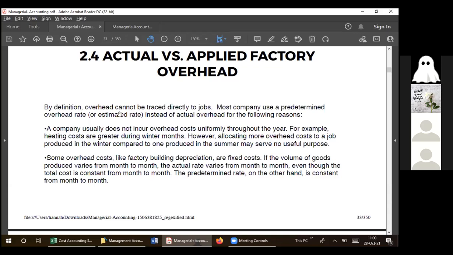Most companies use a predetermined overhead rate or estimate rate instead of actual overhead for the following reasons. So they will use an estimate. One of the reasons is if you have 3 manufacturing lines inside the plant, instead of knowing the electricity consumed by each manufacturing line, you can just divide the total electricity bill by 3.